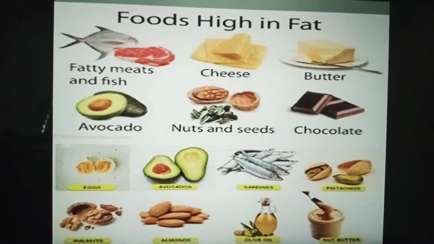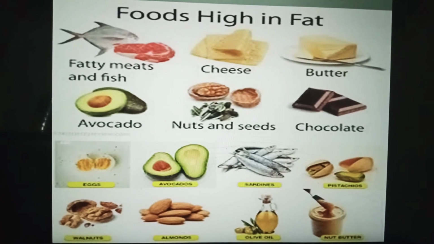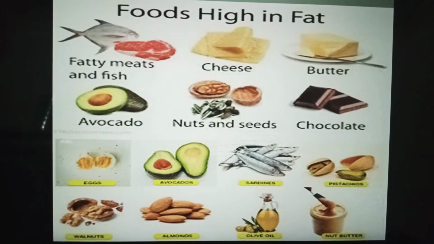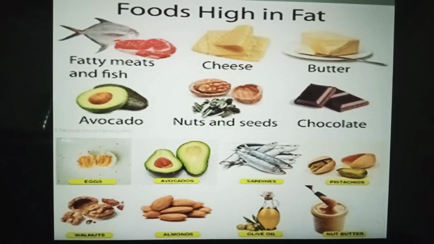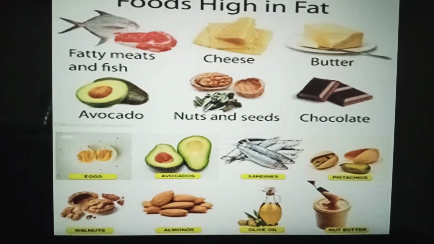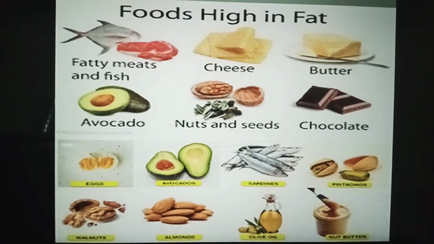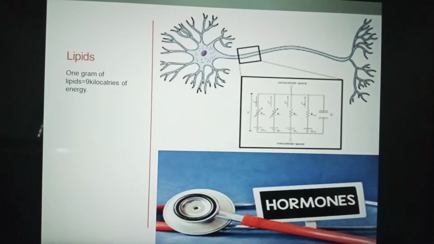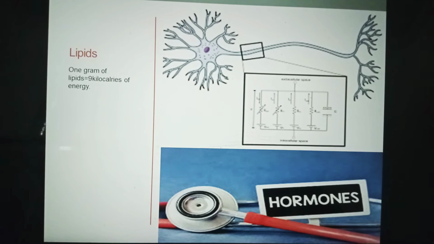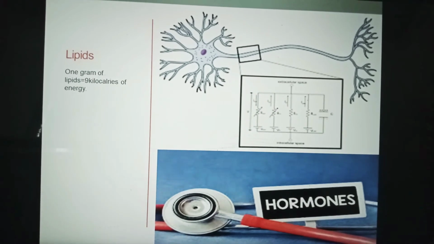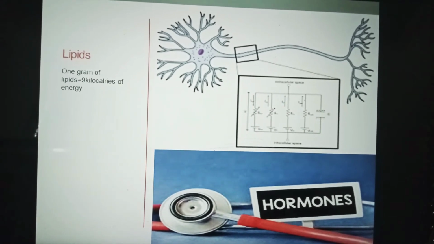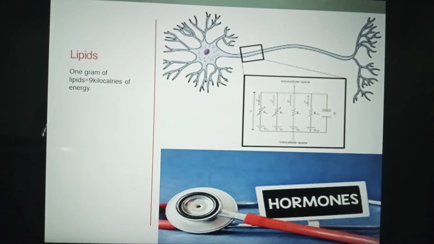So here are the foods high in fat: fatty meats and fish, cheese, butter, nuts and seeds, chocolate, avocado, and eggs. Lipids are used to form membranes, the sheath surrounding the neurons. So here are neurons.